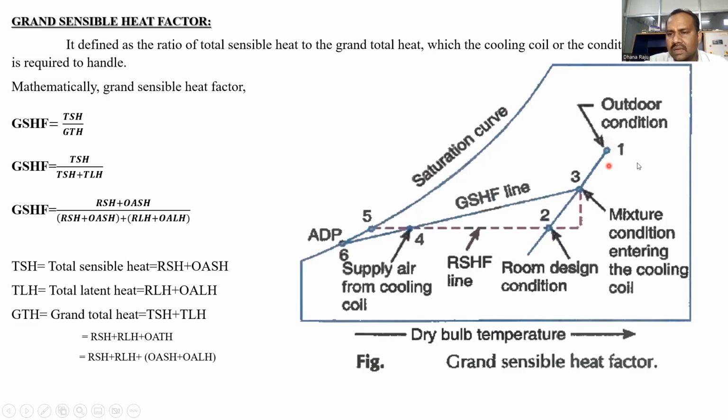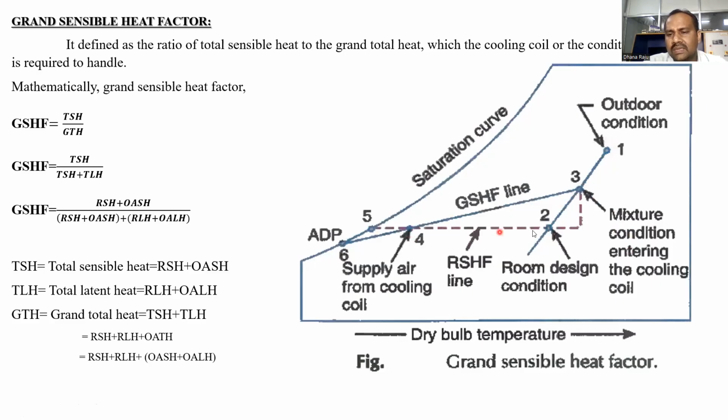Point 1 is the outdoor condition, and point 2 is the room design condition. Point 3 is the mixing condition entering the cooling coil. Point 4 is the condition of air leaving the cooling coil.